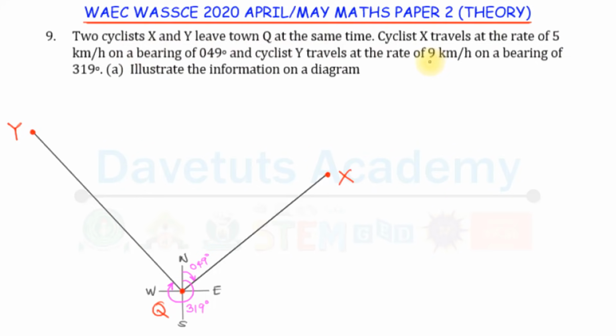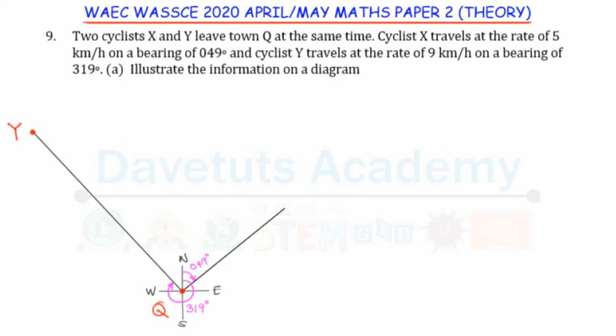Of course, definitely, the one running on 9 kilometers per hour would have covered more ground than the one running 5 kilometers per hour. In short, I think my 5 kilometers per hour is way too long because 9 is almost twice the size for the X. So I should have it somewhere here.